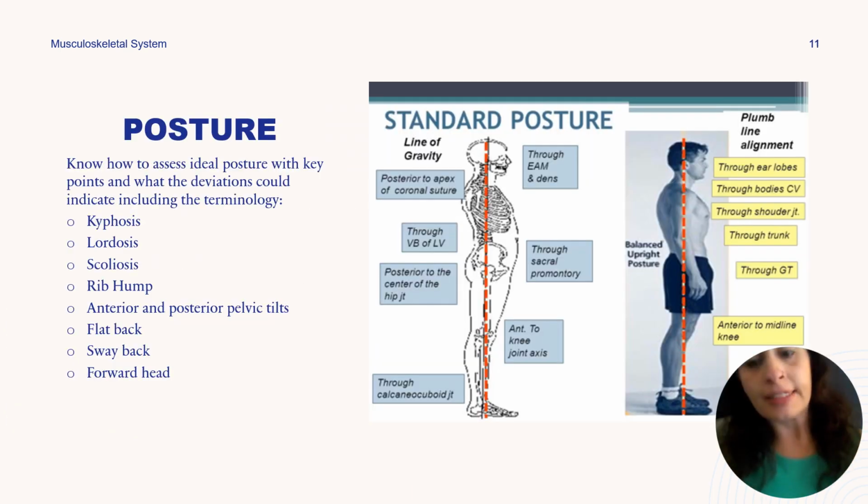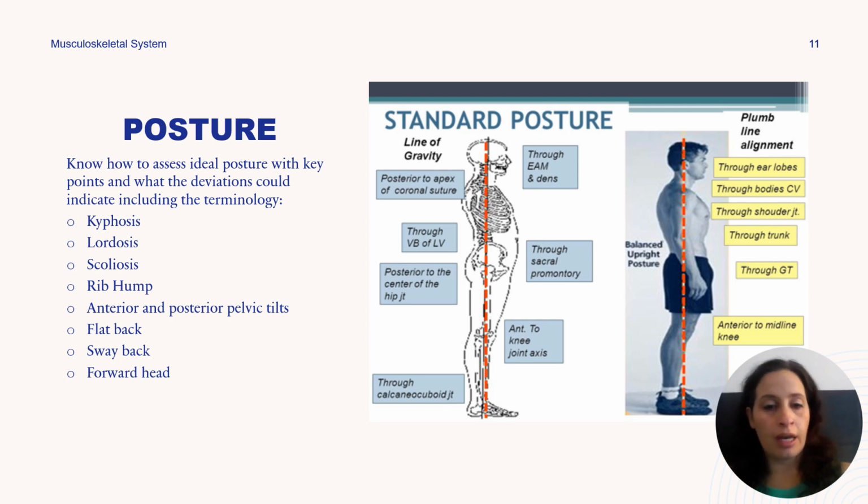So the last topic I'm going to cover today is posture. You want to make sure you look back on your postural concepts, starting with what is good or ideal posture.